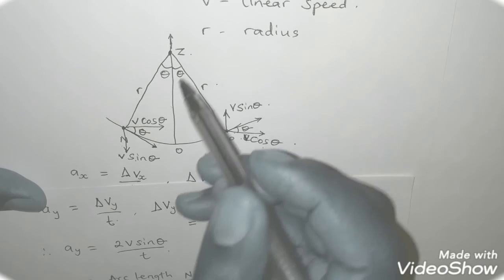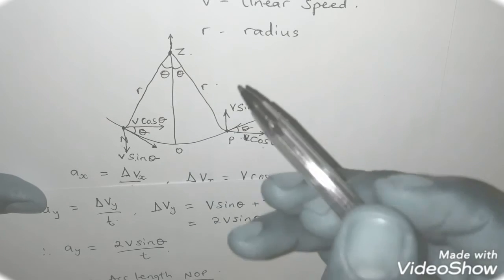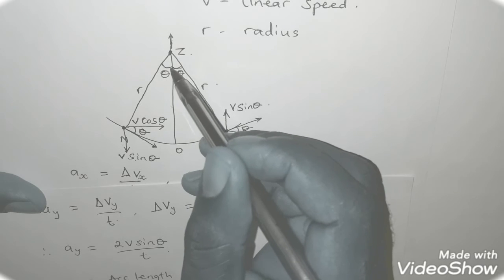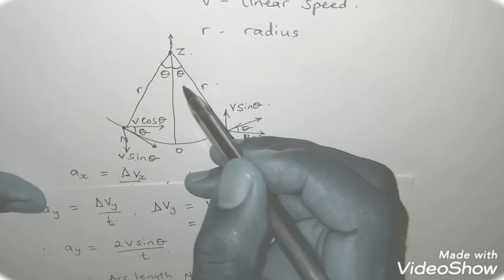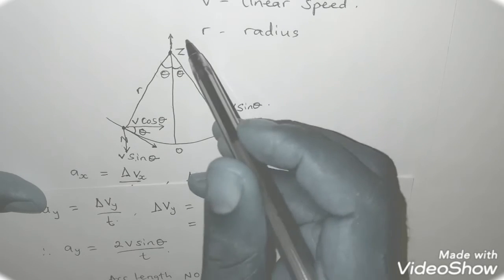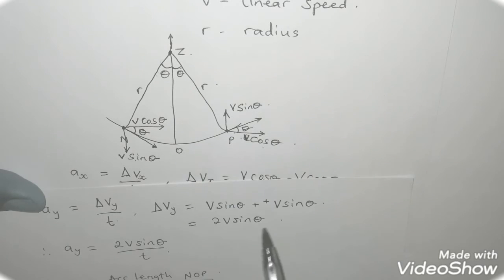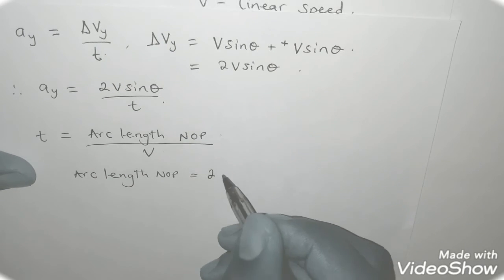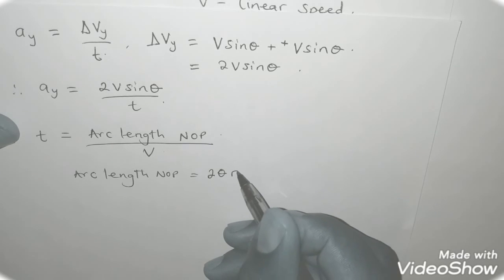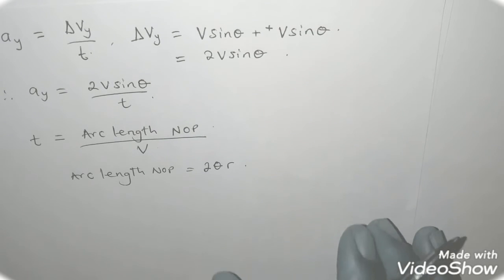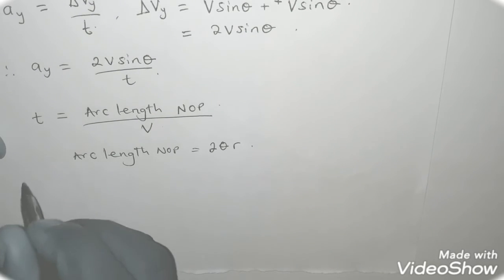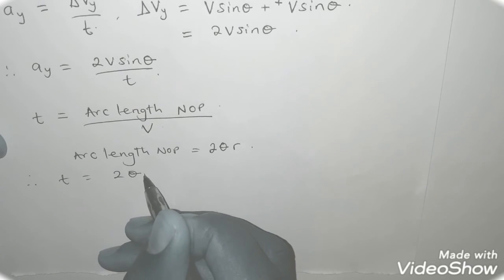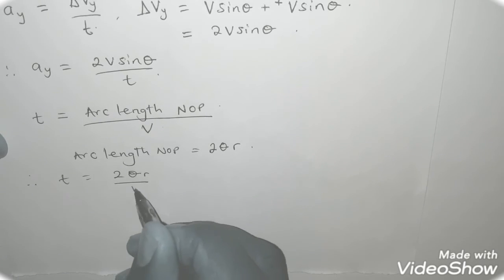So the angle, we are having theta plus theta giving us 2 theta. So the total angle NZP is 2 theta. So we have 2 theta times r, which is the radius of the circular path. Therefore, our t is equal to 2 theta r divided by the velocity v.